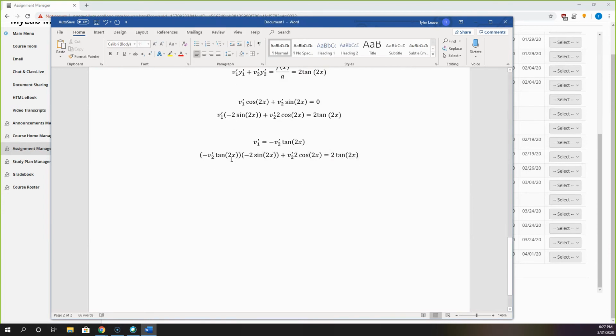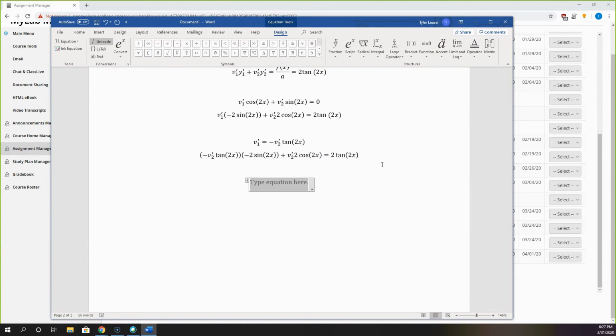All right, and now we want to solve this for the v2 prime, which is fun. So first off, this negative sign and this negative sign are going to cancel each other out. 2x times sine of 2x isn't anything all that nice. I would probably just leave it like that for now.